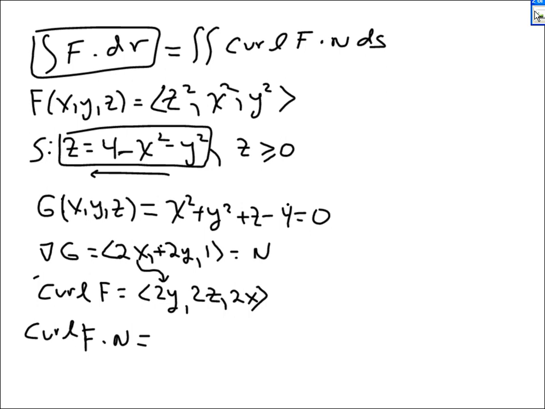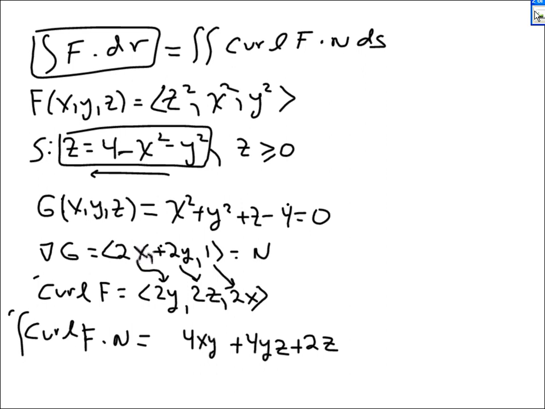So you have 2x times 2y, which is 4xy, plus 4yz, plus 1 times 2x, of course, is 2x. That's what the curl of f dot n is.